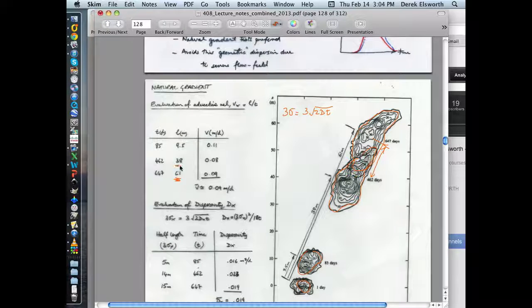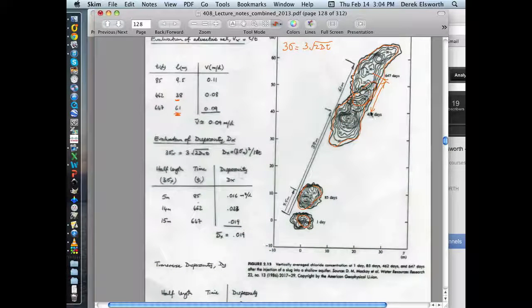Okay. So the other thing we'll need to know is the advective velocity. The length of this, I guess, after 647 days is 15 meters. So this length here is 15 meters. So this is 10 meters, this is 15 meters, sounds about right. Maybe it looks less than that, but it doesn't matter.